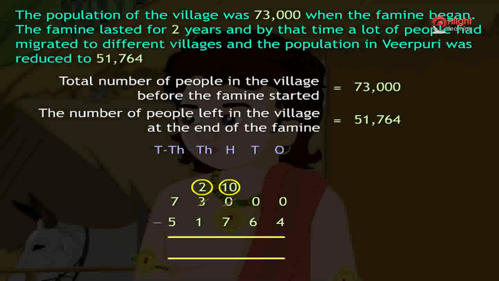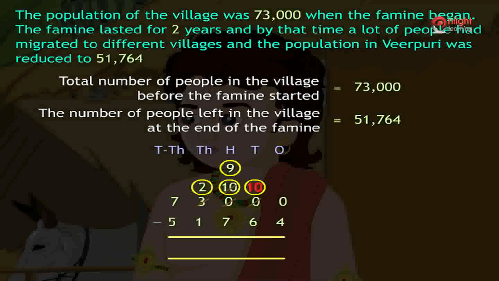Since the number in tens place is 0, we borrow 100 from the hundreds place to the tens place. So, 10 in hundreds place gets reduced to 9 and the 0 in tens place changes into 10 tens by taking the 100 it borrowed. The number in units place is also a 0. So, we borrow 10 from the tens place to the units place.